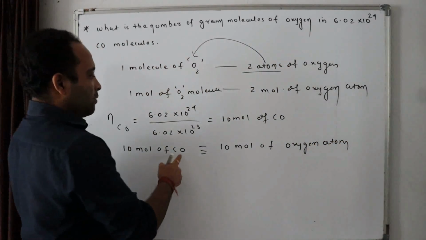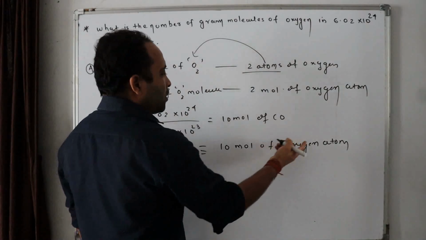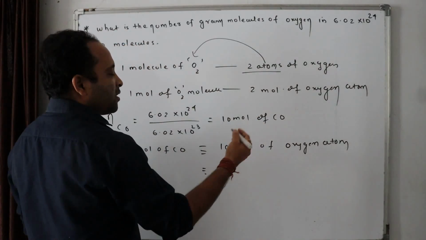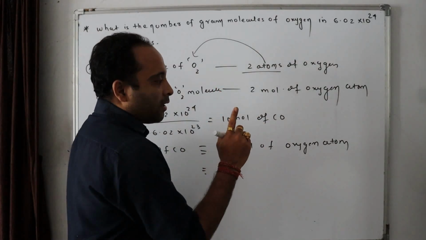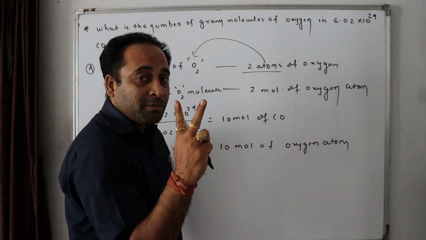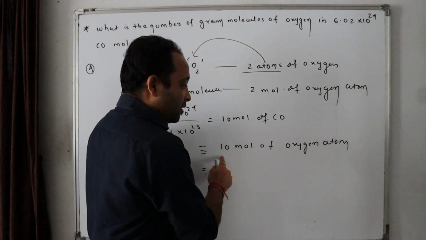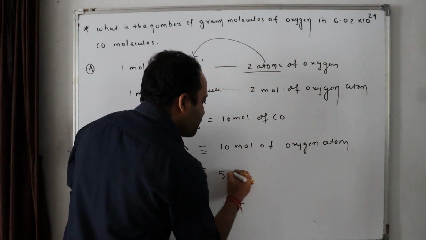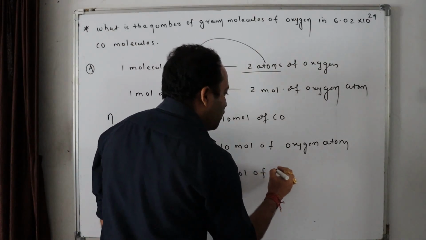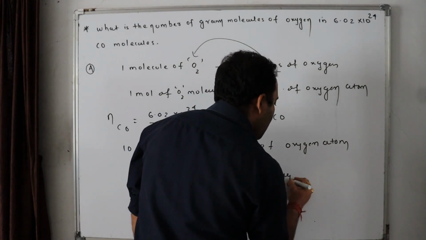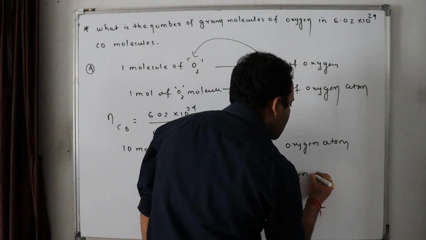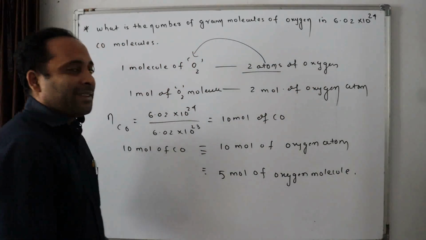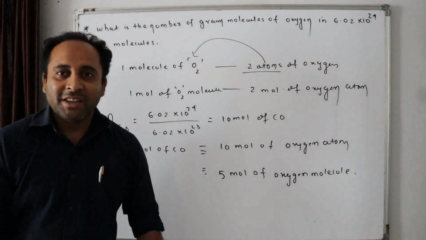Because it has 1 oxygen atom each. Now from 10 moles of oxygen atom, how many moles of oxygen molecule can I get? Because 2 atoms give 1 molecule. So 10 moles of atoms will give, by 2, 5 moles of oxygen molecule. Okay, easy. Check it out.